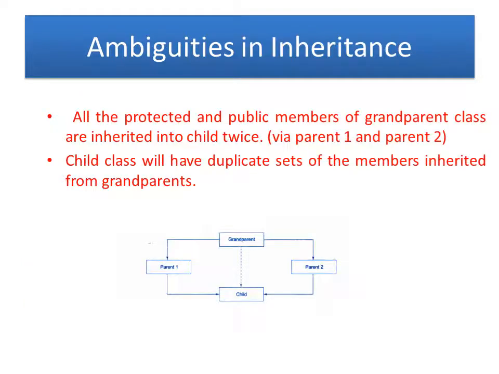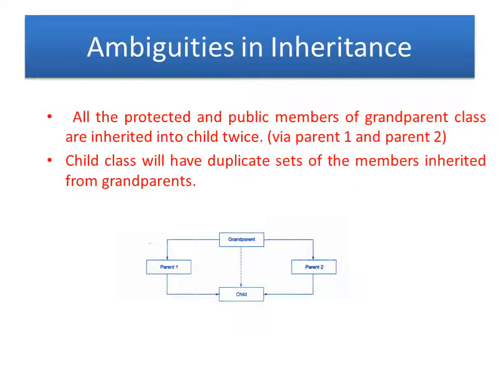Ambiguity is there if multilevel or multipath inheritance is present in programs. See here, I've got one class, grandparent, and taking that as the base class, two child classes were created, parent 1 and parent 2. Parent 1 will have copies of all the properties of the grandparent, and parent 2 will also have the properties of the grandparent.